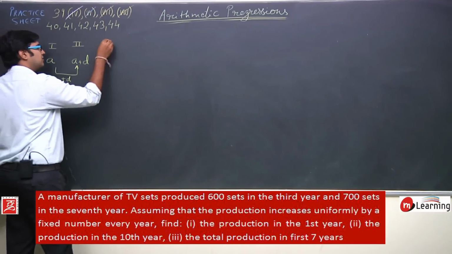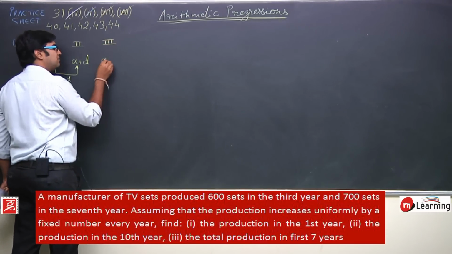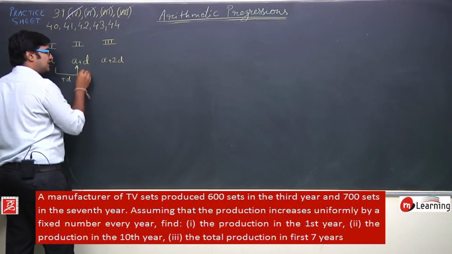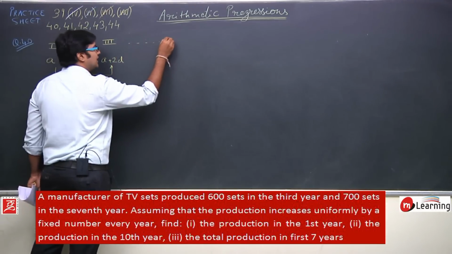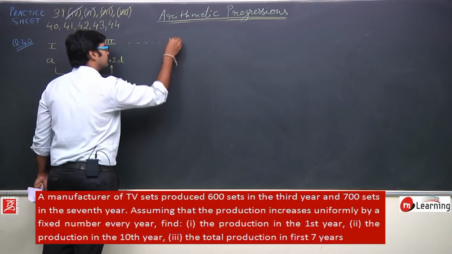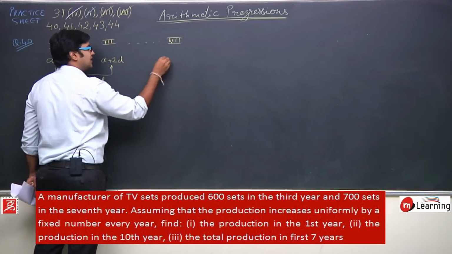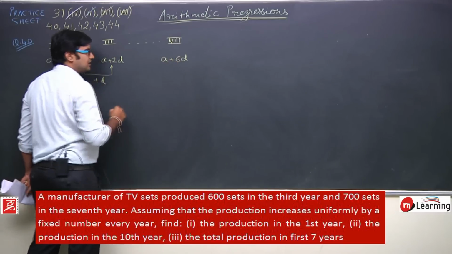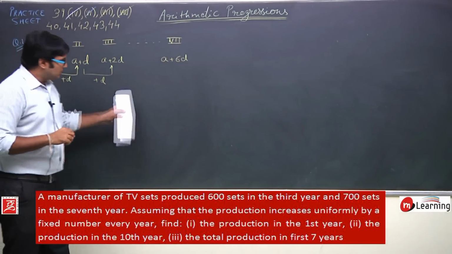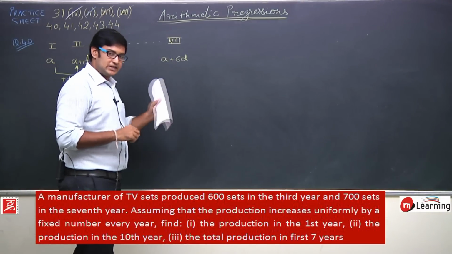Then in the third year, it produces A plus 2D number of sets, that is again an increment of D, and so on. And then in the seventh year, it produces A plus 6D number of sets, again the increase of D from the previous year.